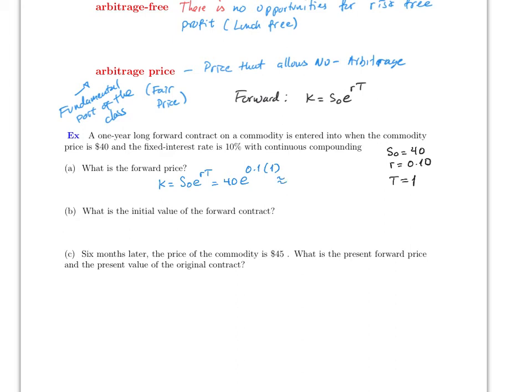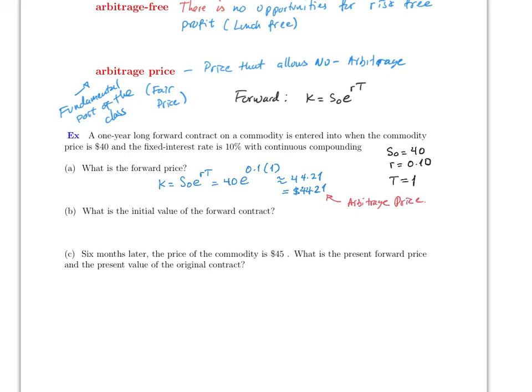And this is around 44.21. So therefore 44.21 is the arbitrage price.